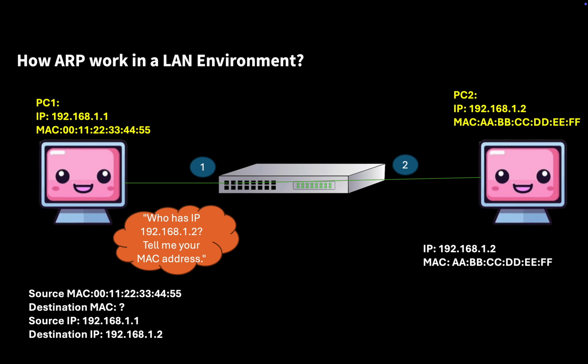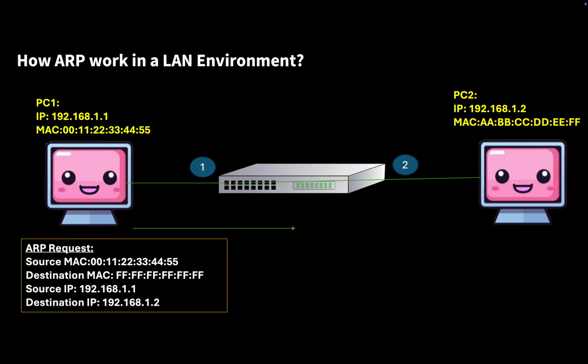Now PC1 has the IP 1.2 and it wants the MAC address. Now it will create an ARP request. In the ARP request, the destination MAC will be a broadcast address, FF. This means the frame has to be broadcast to everyone so that the intended recipient will respond to it.